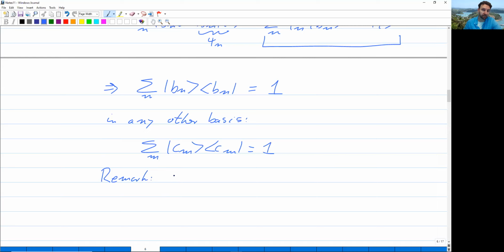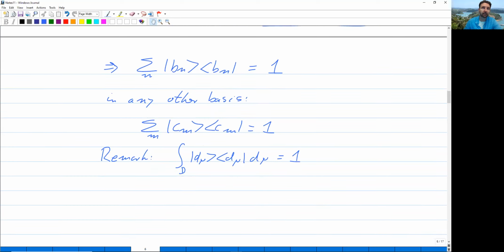If we choose a continuous basis, then we would have that the integral of d mu is also 1. So that can be done as well. But we are going to focus here on the Hilbert bases, which is to say the bases that are countable, discrete bases, where the basis vectors are proper vectors in the Hilbert space, which means, of course, that they are of finite length.